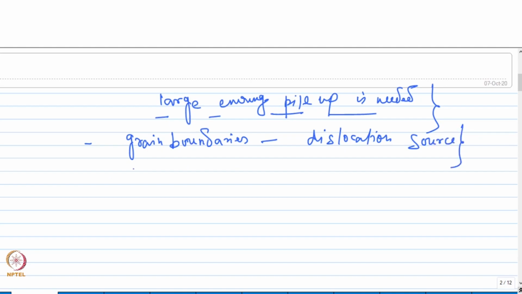Right, so the grain boundaries are not only sinks for dislocations, but they can also be sources for dislocations. So that is something which is not considered in the pile-up theory.